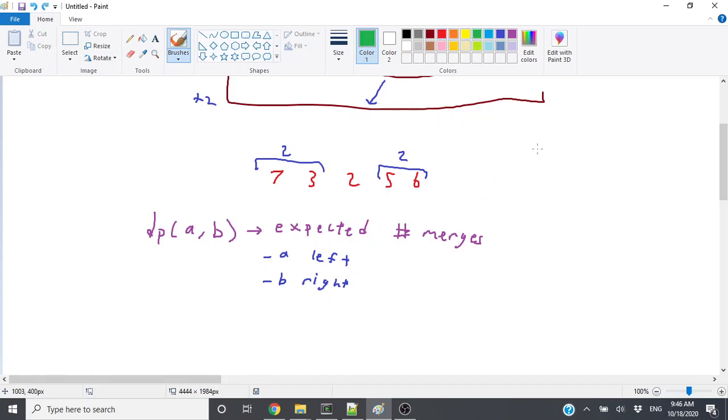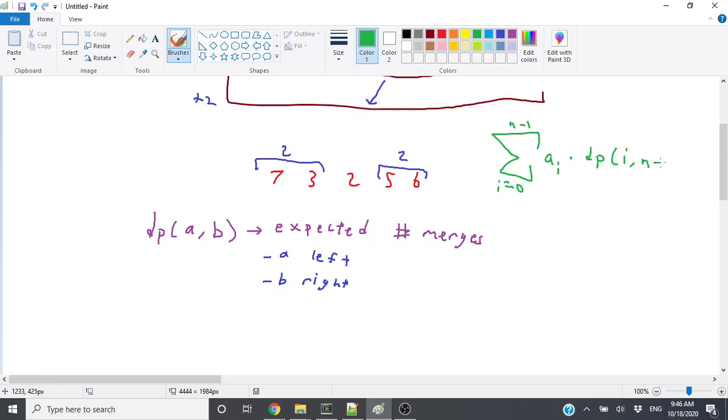It's the sum of ai itself times the expected number of merges it has, which is, if we zero index, i equals 0 up to n minus 1, then we get dp of i, because we have i elements on the left. For example, consider this index. This is index 1. We have 1 to the left and 3 to the right. So we have dp of i, and it's going to be n minus 1 minus i.